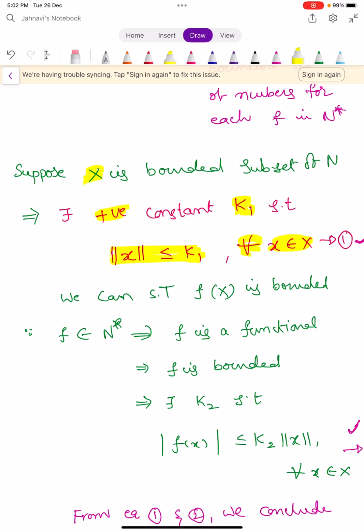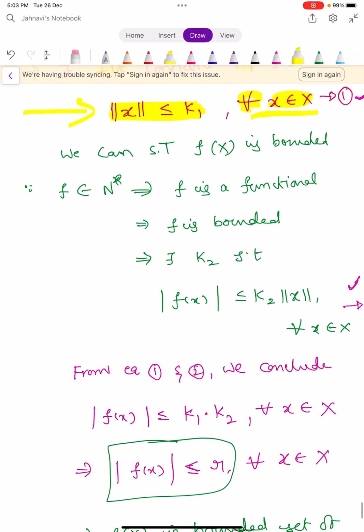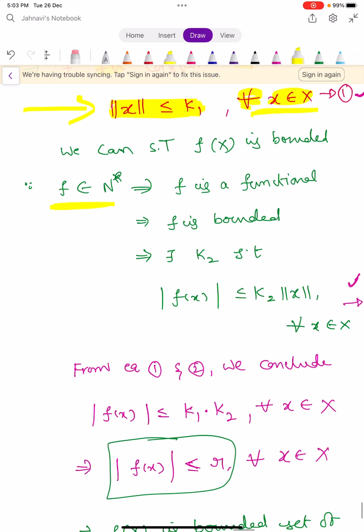Suppose that X is a bounded set. I write the bounded set definition here: norm x less than or equal to k1 for all x belongs to X. Since f belongs to N star, f is a functional. Every functional is bounded. So again, by the definition of boundedness, there exists another constant k2 satisfying mod f of x less than or equal to k2 into norm x.